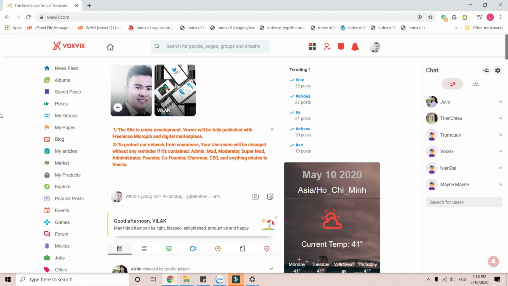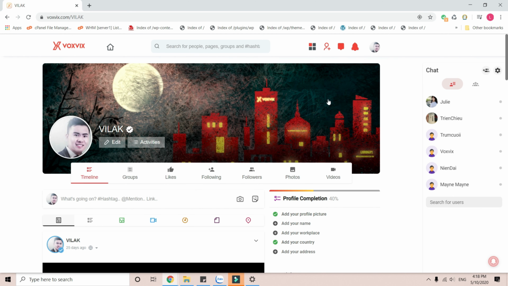The second one is the budget. If you have a good budget and good finances, you can just handle the cost.